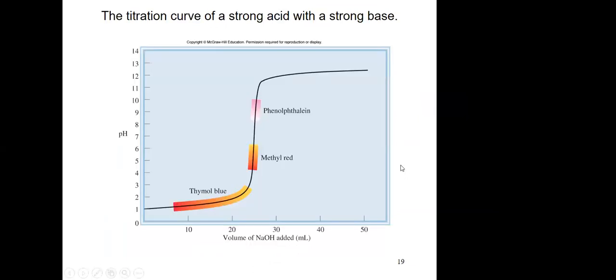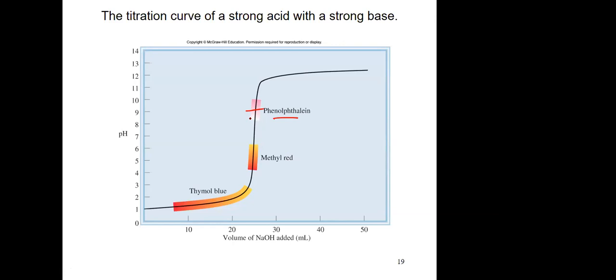Now, if you look at the titration of a strong acid with a strong base, these are the possible indicators that you can use. Commonly the one that is used is phenolphthalein, which changes at a pH of around 9. If it's over 9, it's violet, or what we call light pink.